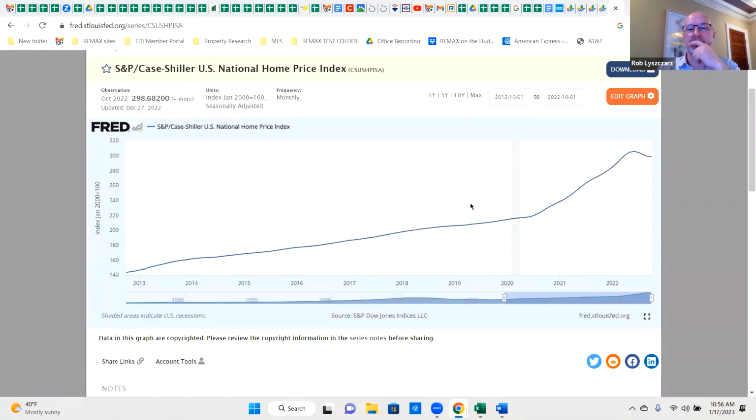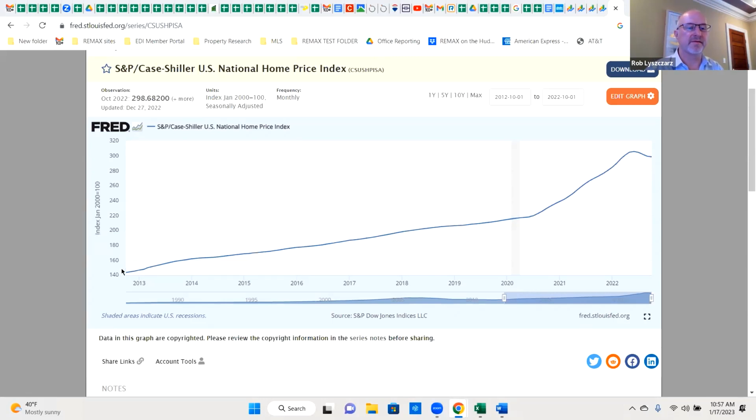We looked at a 10-year window. 2013, 143. 2016, 177. 177 minus 133 is 44, divided by 3 is about 15,000 a year of appreciation.